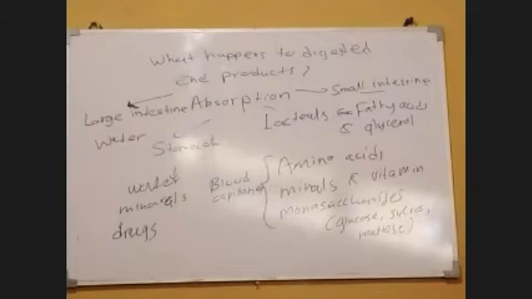Yes, buccal cavity, correct. Small intestine, correct. Buccal cavity and small intestine are the two organs where the starch digestion is happening.